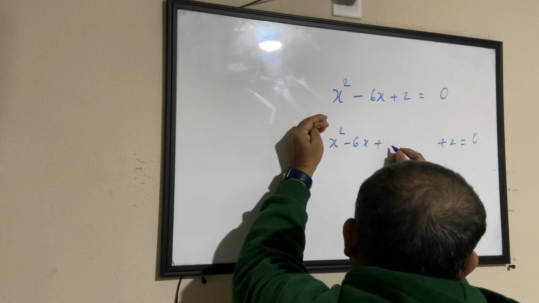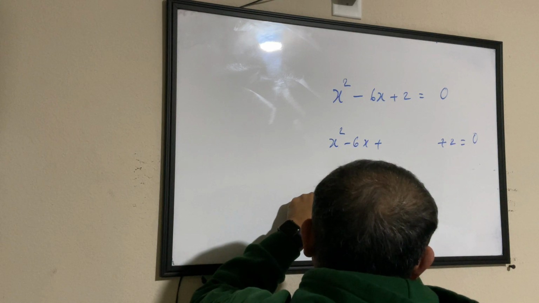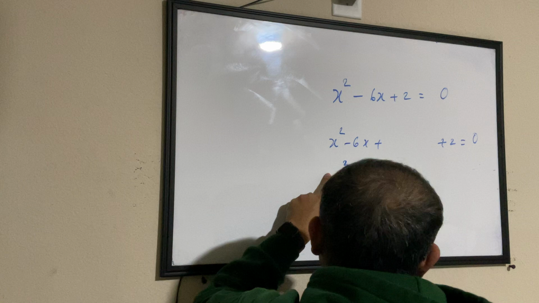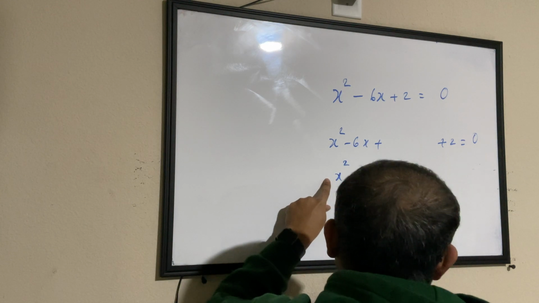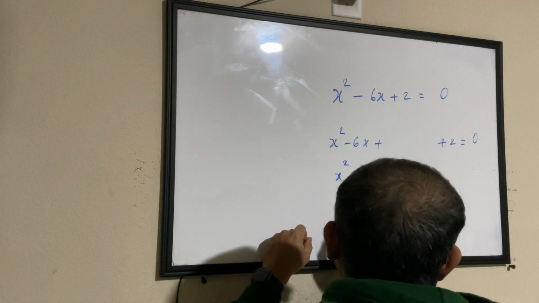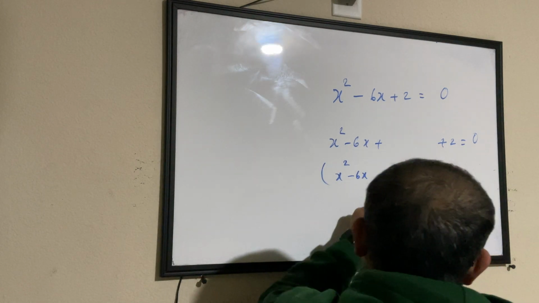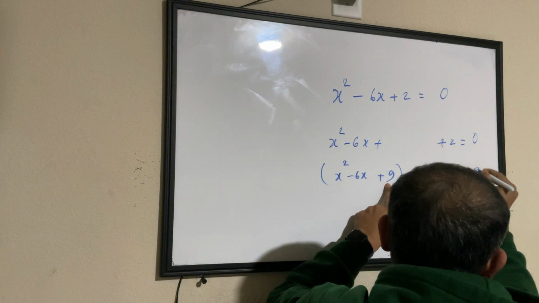This is x squared minus 6x. So 6 is 2 into 3. If I add 9 here, and I did not have a 9 before, I will add a 9 on this side also.